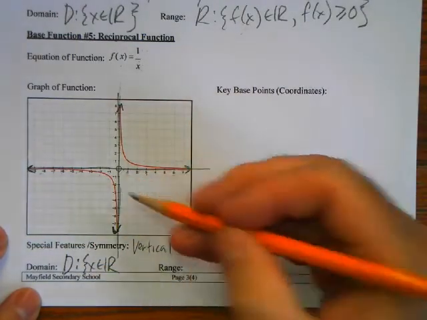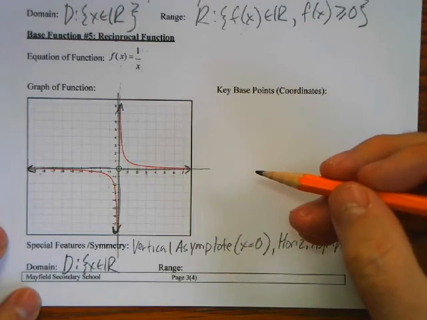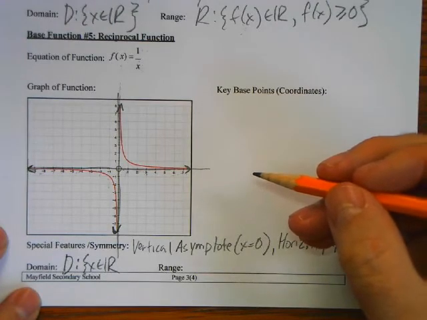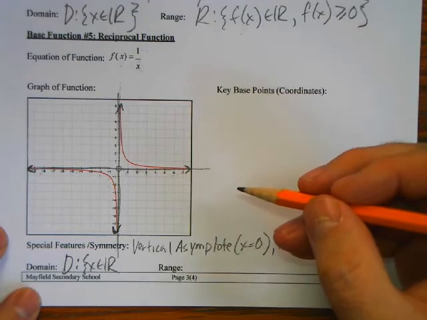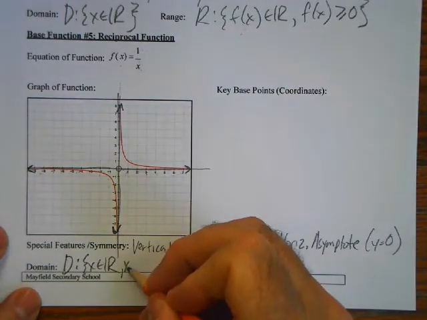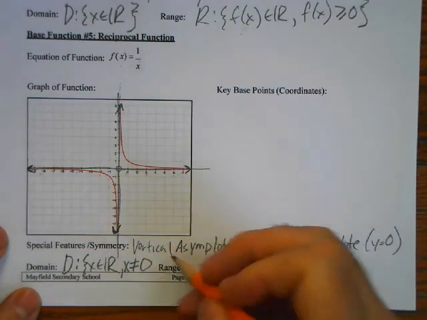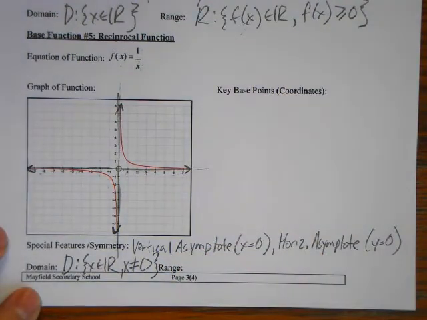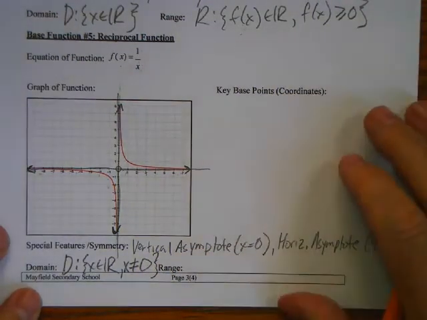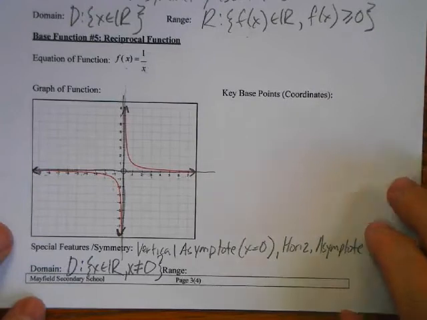Instead of saying x has to be less than 0 and x has to be greater than 0, we're just going to say x cannot be 0. It's a lot easier to think of it that way than to say what it can be.